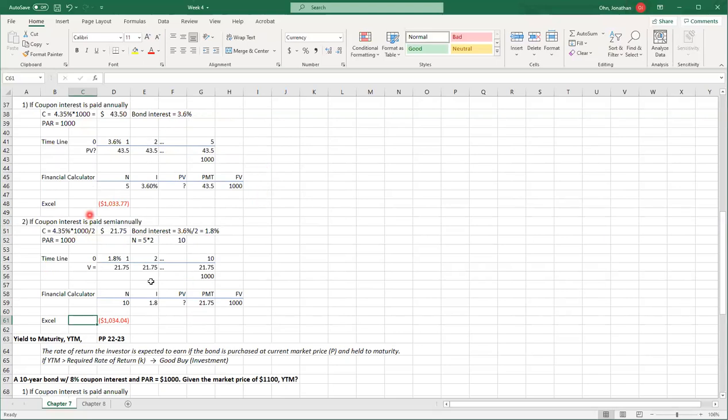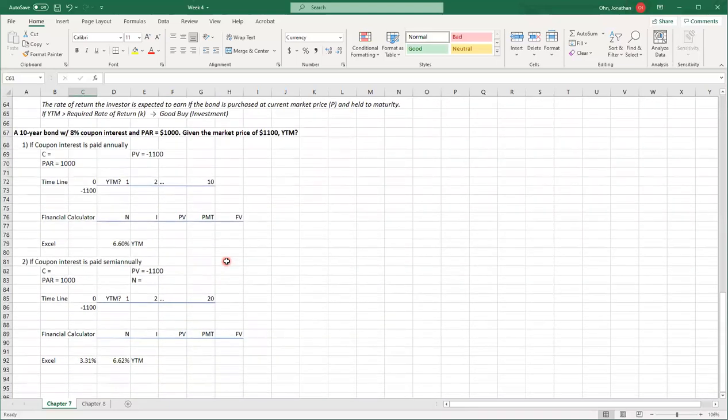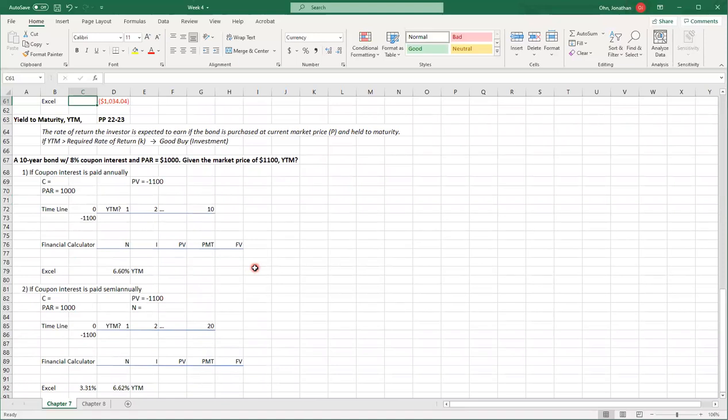Bond intrinsic value. Now, the second part, we will talk about yield to maturity. Now, this one assumes this bond is out there in the market. If you buy this bond at the market price, what would be your expected return on this investment?